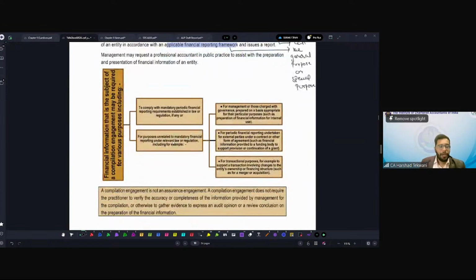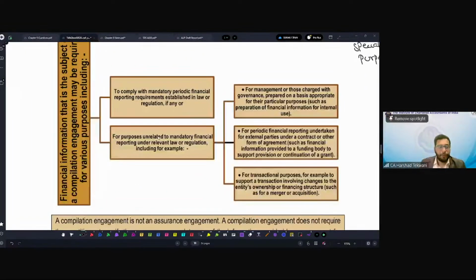For example, the management may be preparing financial information to comply with the mandatory periodic financial reporting requirement established by law, for example, the Companies Act, or for a purpose unrelated to mandatory financial reporting.